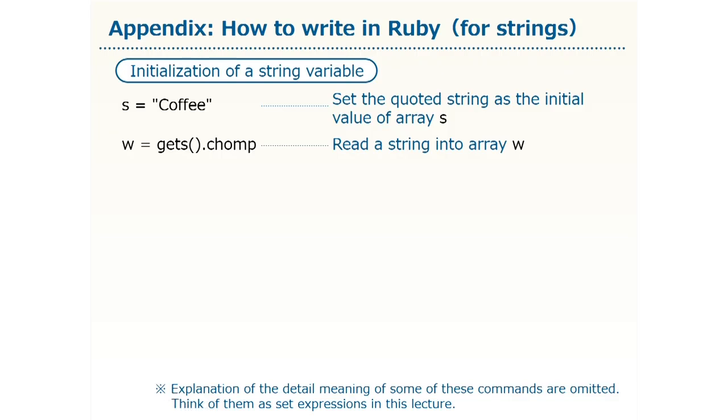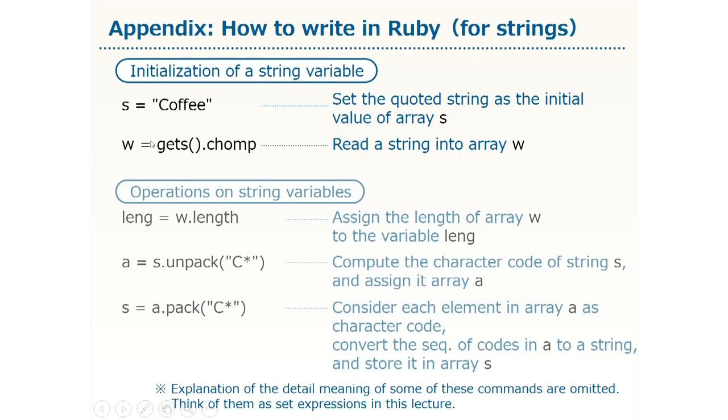Finally, let's go over one more time how to write in Ruby, in particular, commands on strings. As you can see here, we wrote a string enclosed by quotation marks, which can be set to a string variable or an array of characters as an initial value. Another way to set the initial value is to use an input string, where we use gets.chomp to read an input string.